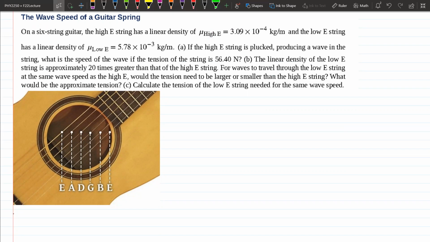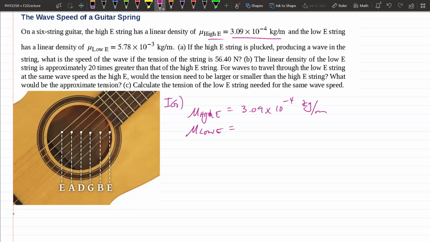In this problem, let's do our information gathering. The mass density of the high E string is 3.09 times 10 to the negative 4 kilograms per meter. The low E string, low as in the sound it makes, actually has a bigger mass density.